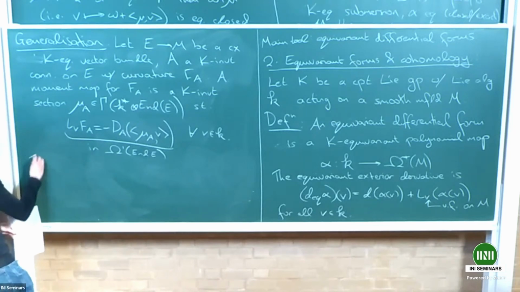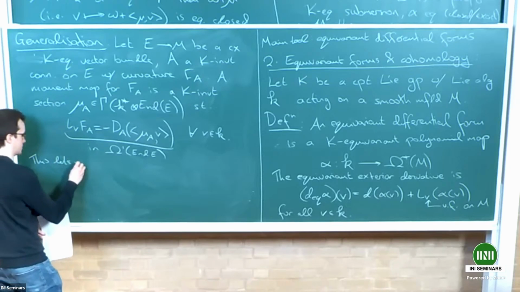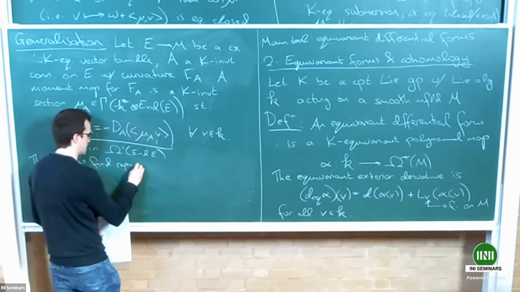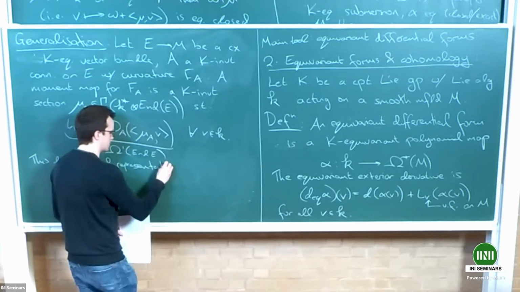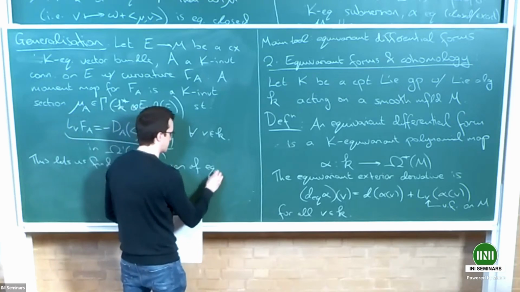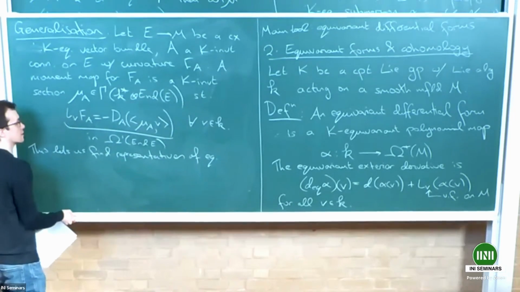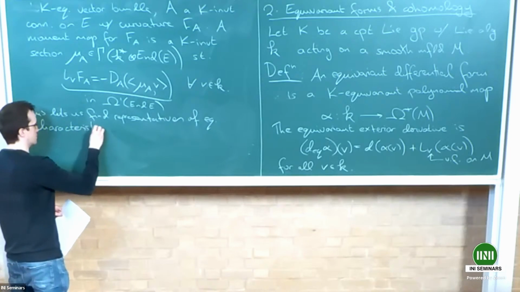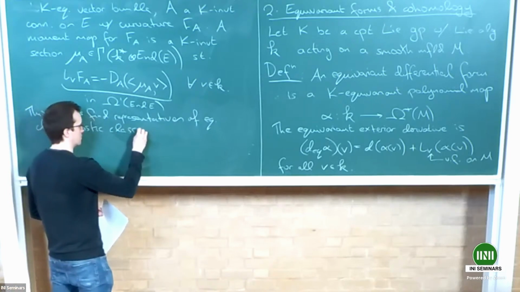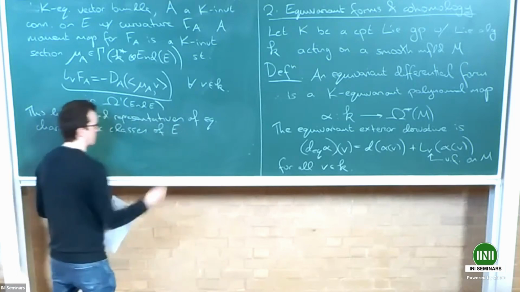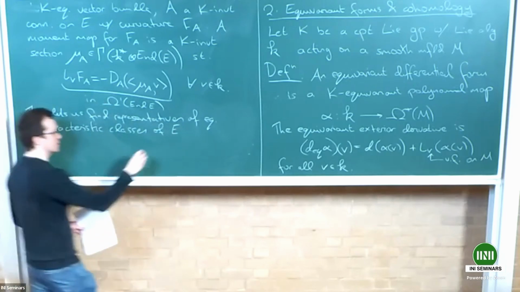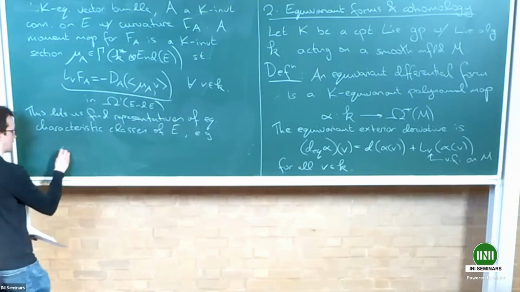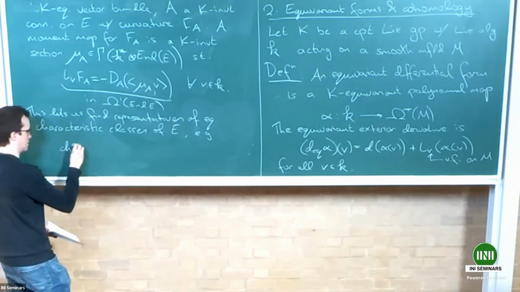Why do I want this? Well, this lets us find representatives of equivariant characteristic classes of E. So for example, we can write down a representative of the kth equivariant Chern character.